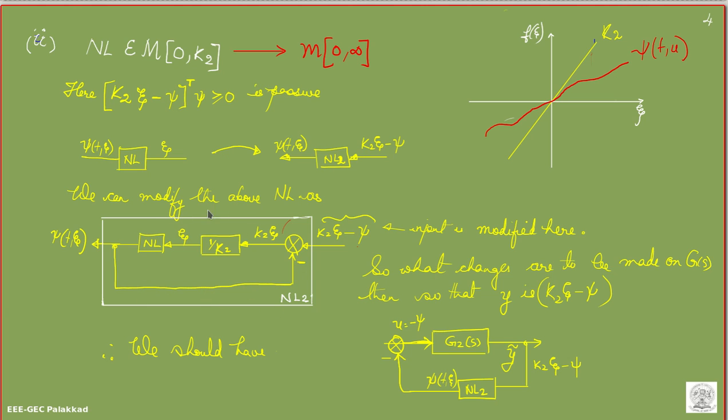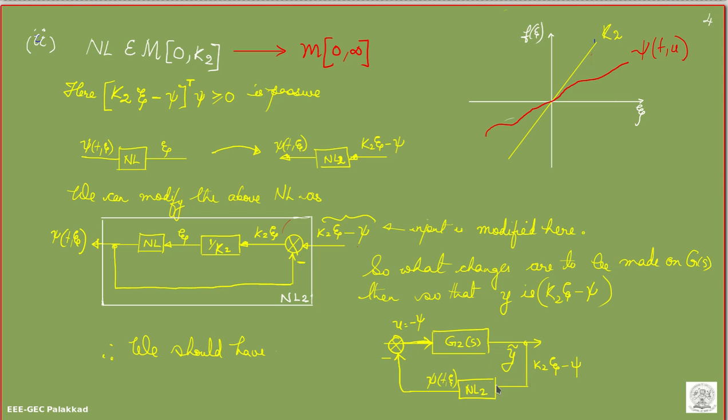When I modify this nonlinear system like this, what will I get? What should be the new G2 of S? I should get a new G2 of S which satisfies this nonlinearity. So I have the input as xi of t comma zeta itself, but the output from this new system has to be different, so that the whole system is the same.